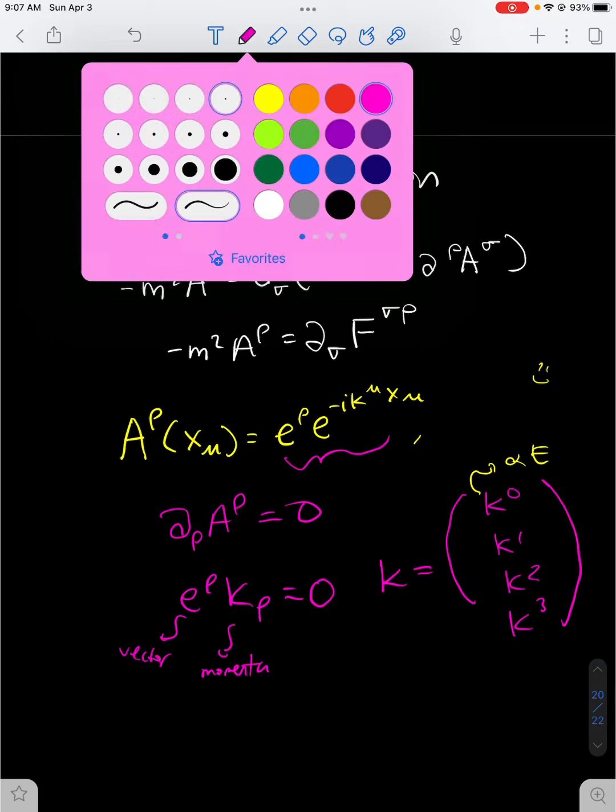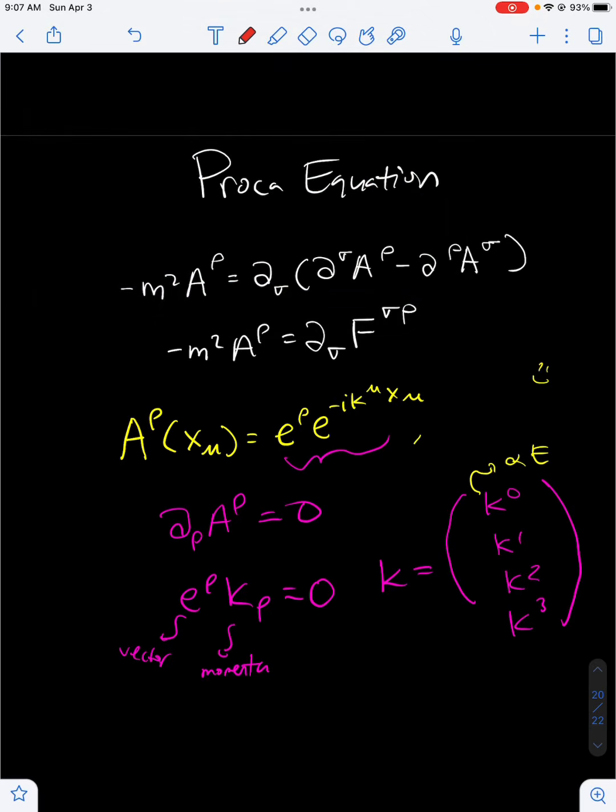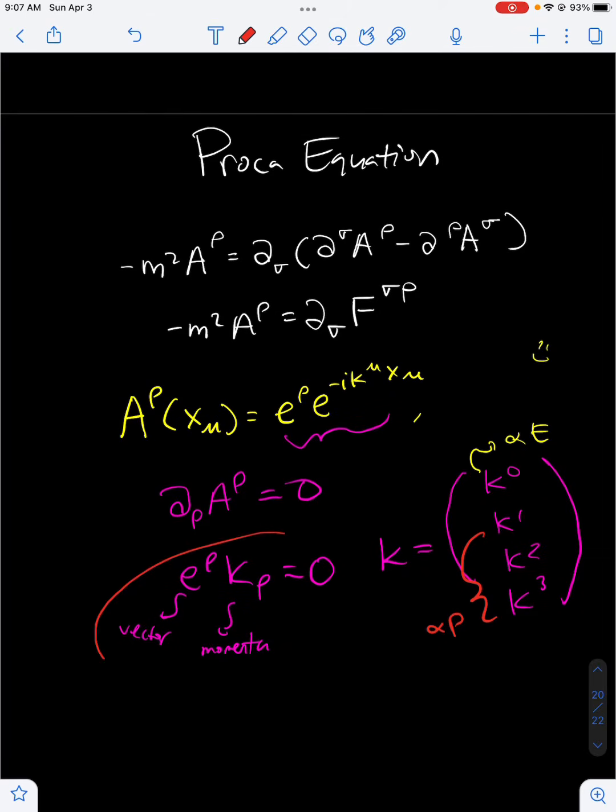And then these bottom 3 components are proportional to the actual momentum of our particles. So this relation just relates the vector part of our EM potential field with the momentum of the actual field, or the momentum of the particles that arise out of that field. We will understand that more when we get to second quantization.